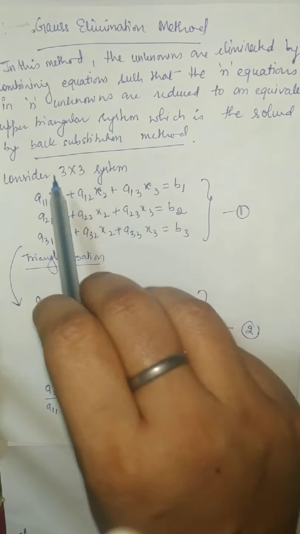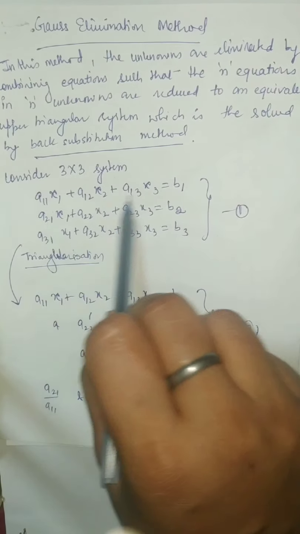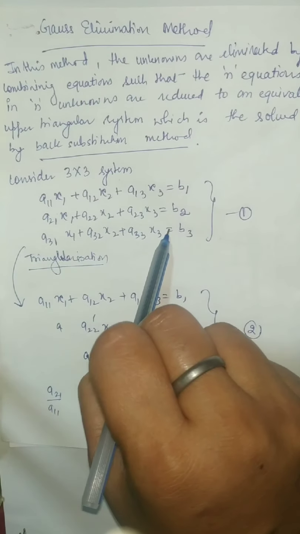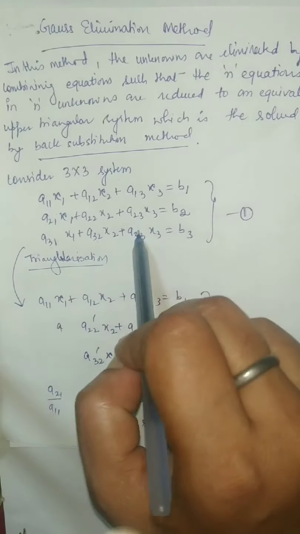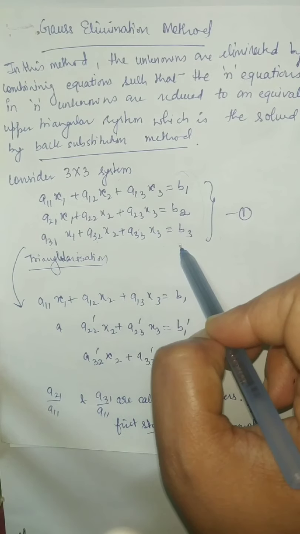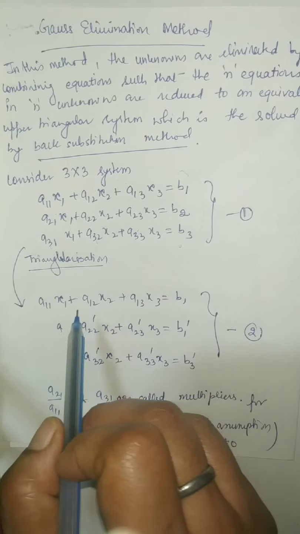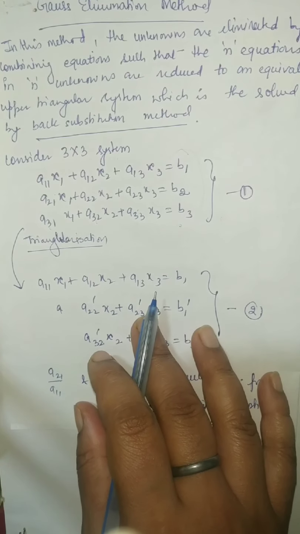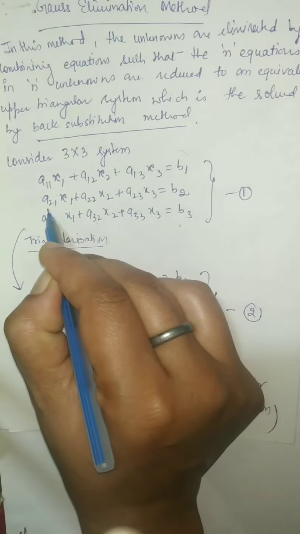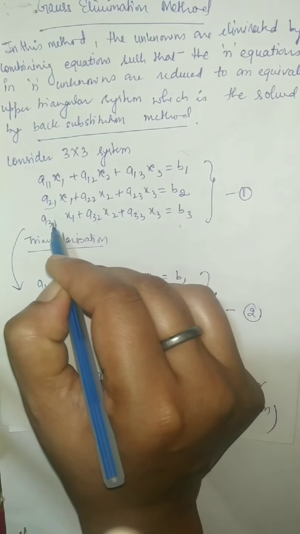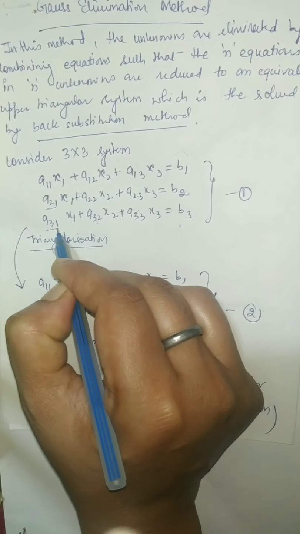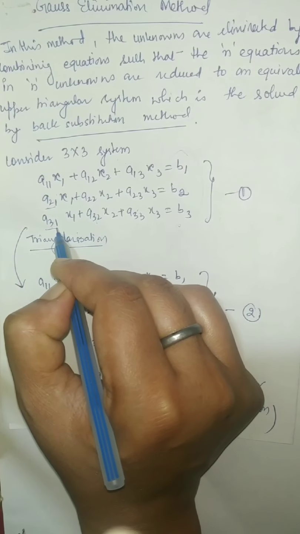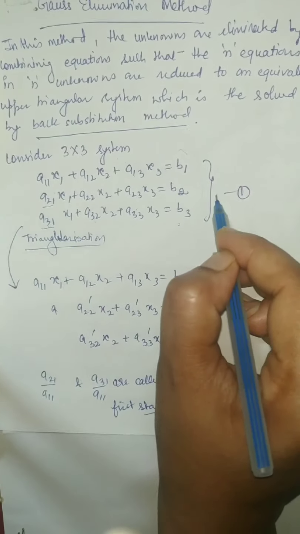Let us consider a 3x3 system where these three equations are given with these coefficients and constant vectors. Now first we do the triangularization, in which we eliminate the coefficients a21 and a31 using the first equation from the system of equations, which is this equation 1.